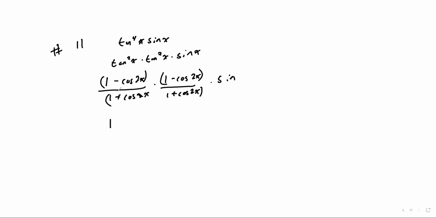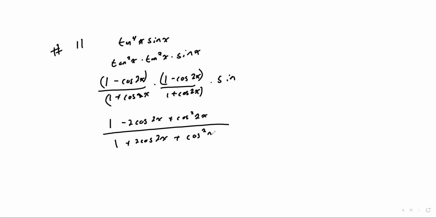So that would be 1, a negative 2 cosine 2x, and then a positive cosine squared 2x, divided by 1 plus 2 cosine 2x plus cosine squared 2x. All right, and then now we times sine x.